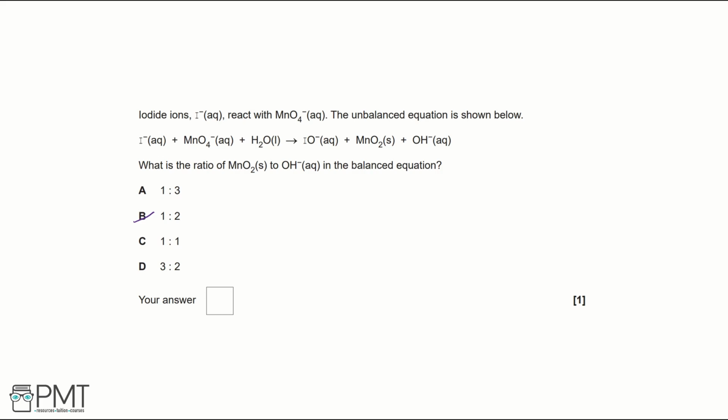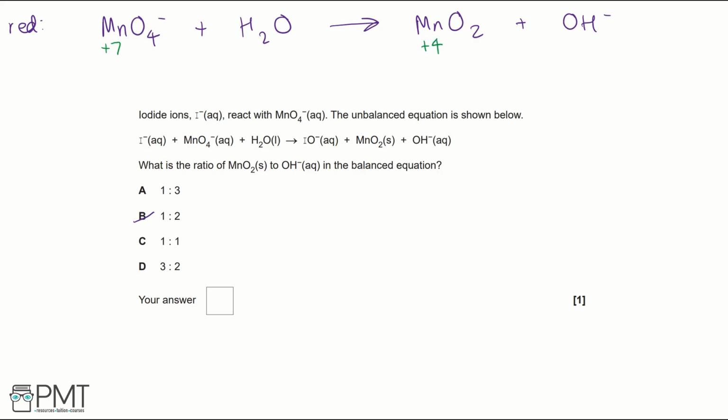So if we start with our reduction half equation, we're going to have MnO4 minus, and then we're going to add water and produce MnO2 plus OH minus. So the MnO4 is changing from an oxidation state of +7 to being +4.